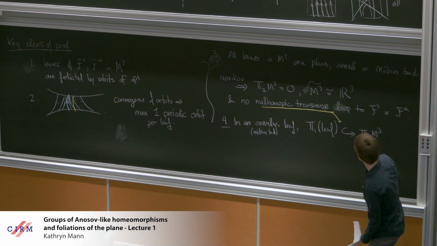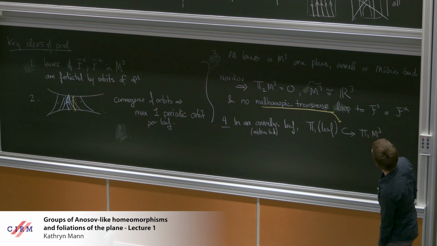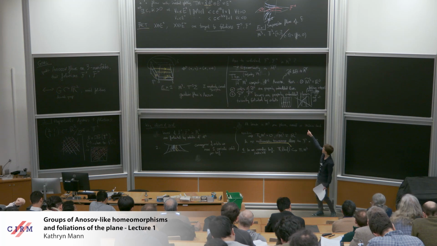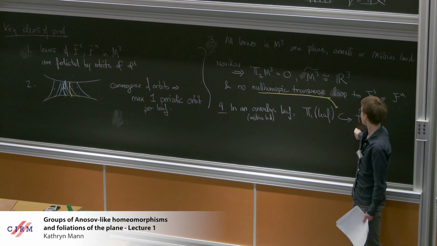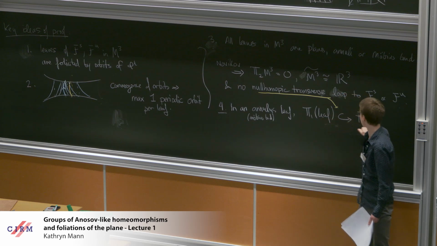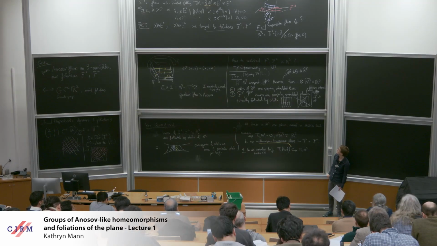This is exactly what you need to do to show that orbits are properly embedded lines. And the leaves, I'm saying their fundamental groups are generated by curves that are essential in the fundamental group of the three-manifold. So this is what you use to show that the two-dimensional leaves are properly embedded planes.